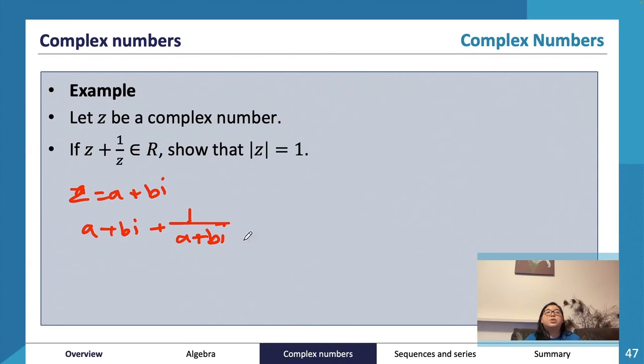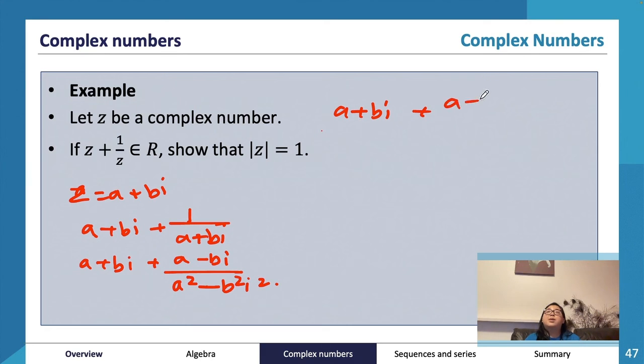Now the easiest thing to do here is try and rationalize this. So 1 over a plus bi will be equivalent to a minus bi over a squared minus b squared i squared. So this will give us a plus bi plus (a minus bi) over a squared plus b squared.